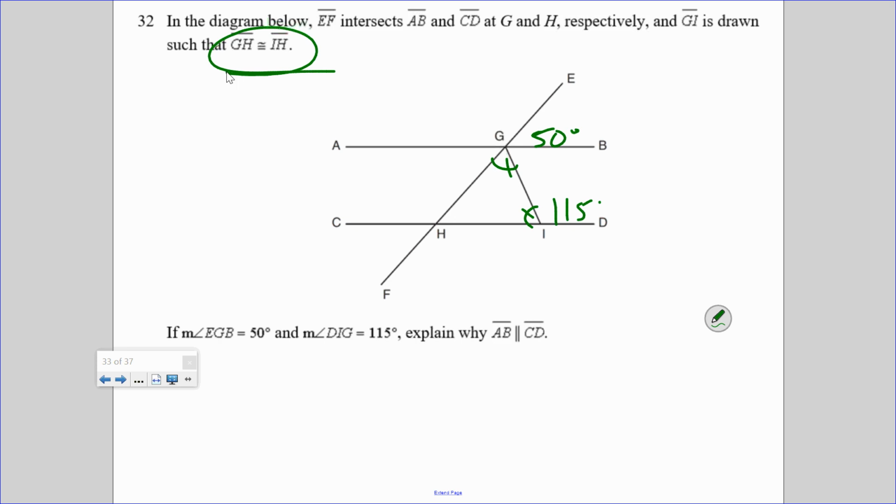So what can I do here? Well, I know that if this is 50, this is 50. Because it says explain, I'm going to have to explain that. I'm going to have to say angle AGH equals 50 degrees because vertical angles are congruent.